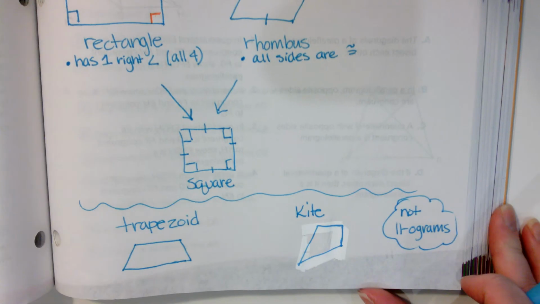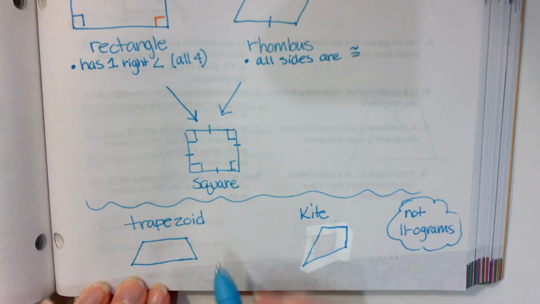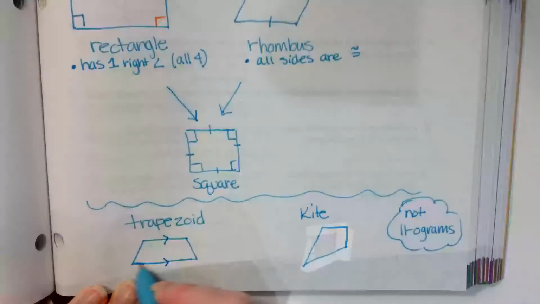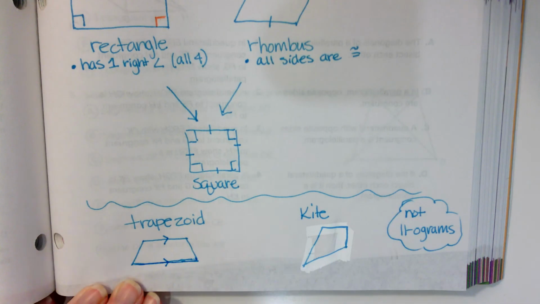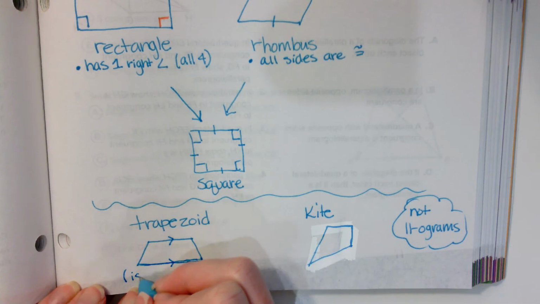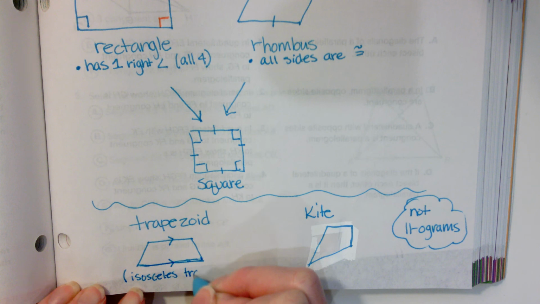I just want to mention that a trapezoid has one pair of opposite sides parallel. In this particular drawing, what I've sketched looks like an isosceles trapezoid. I'll put that in parentheses because it doesn't have to be isosceles, but it does look like I have sketched an isosceles trapezoid.